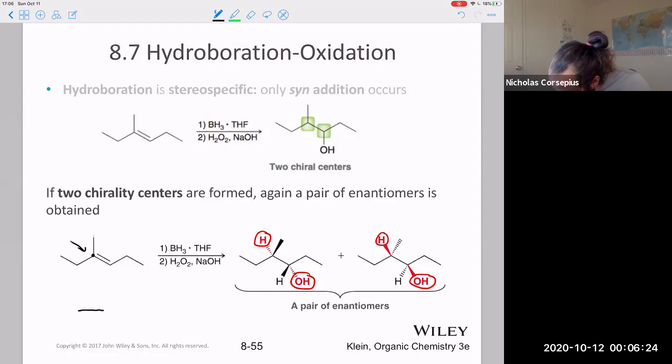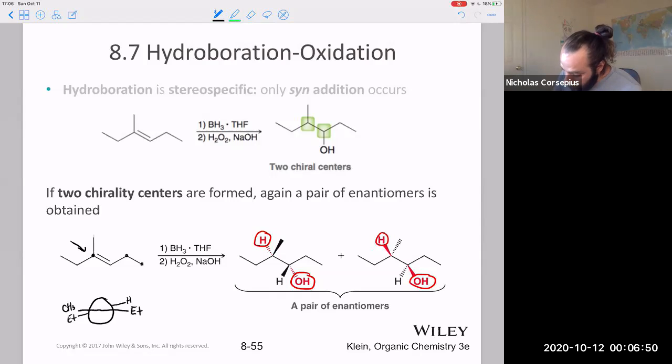A Newman projection for an alkene, you always have that eclipsed structure. As I've drawn it over here will be my CH3, and on my back carbon, that's now this ethyl group. On my front carbon, there's an ethyl group, and then on the back carbon is a hydrogen, right?